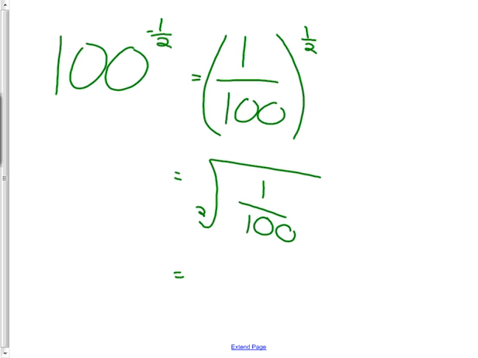What's the square root of 1? 1. What's the square root of 100? 10. So there's our answer.